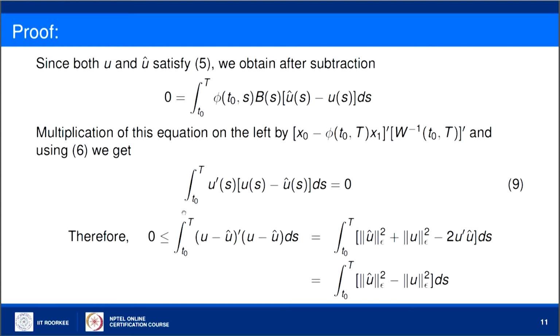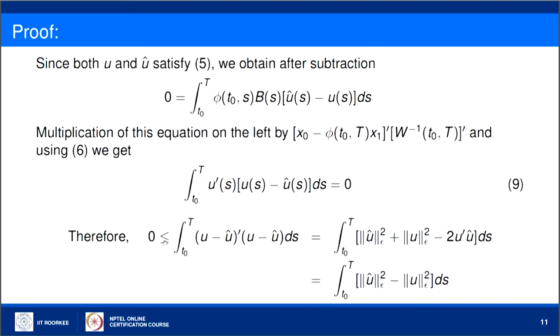Now, from this equation and this fact, the integral of u minus u bar transpose into u minus u bar is nothing but the norm of u minus u bar squared. So, it is always positive, and this integral is always a positive value.